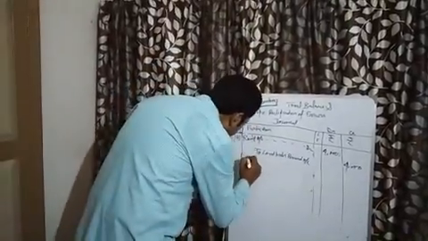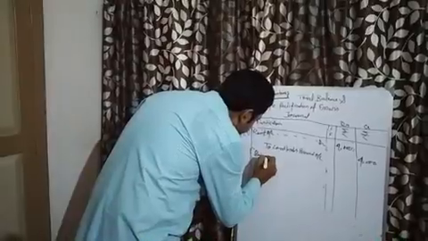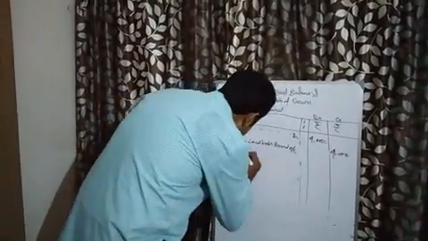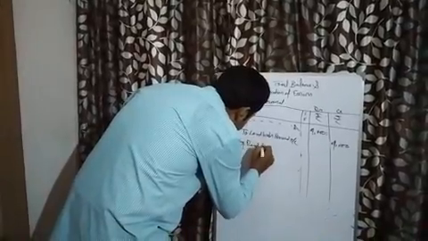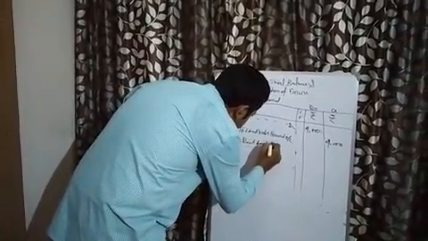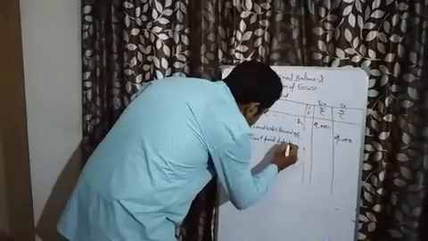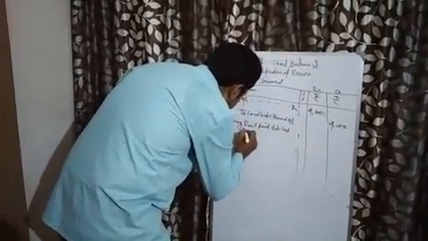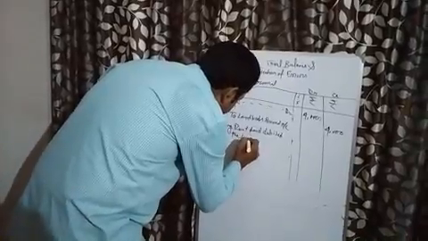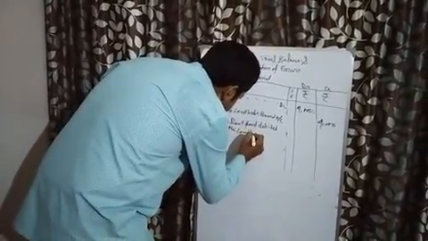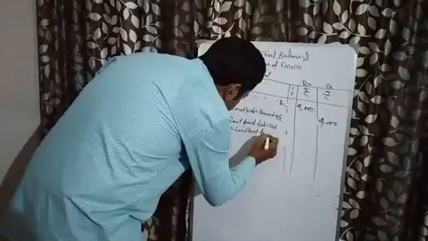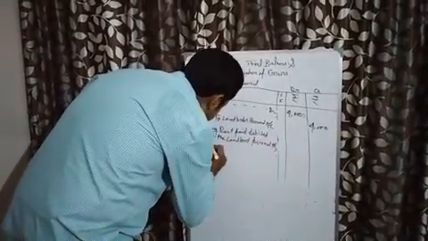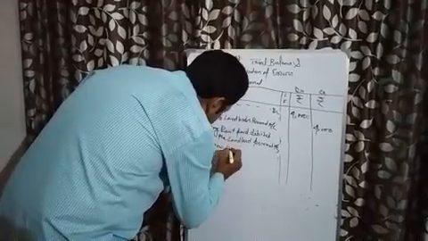Now here also you have to write the narration: being rent paid, debited to the landlord's personal account, now rectified.